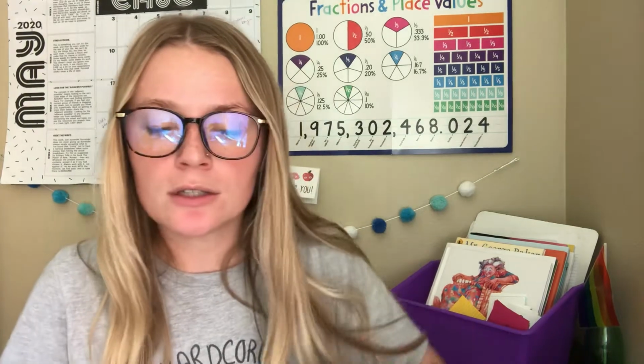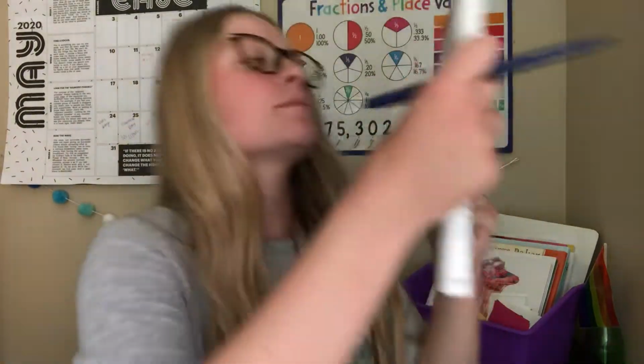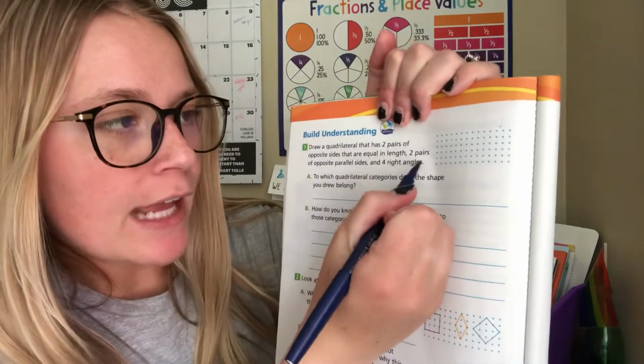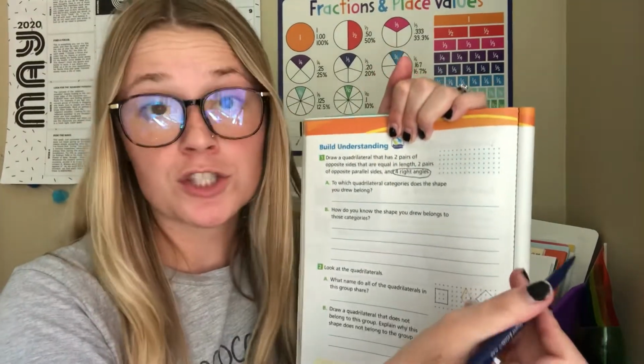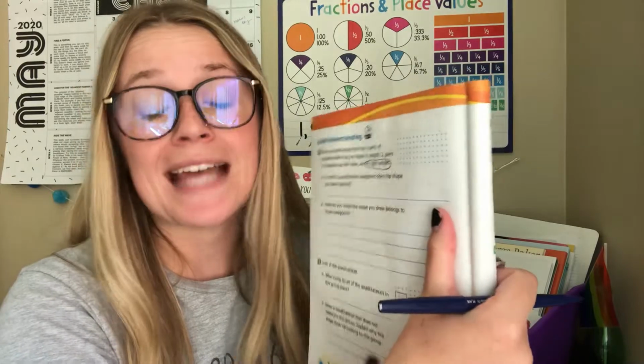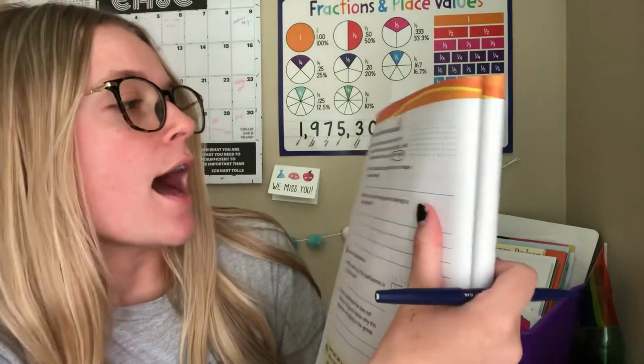Okay, next page. The Build Understanding says, draw a quadrilateral that has 2 pairs of opposite sides that are equal in length, 2 pairs of opposite parallel sides, and 4 right angles. Okay, so specifically 4 right angles, that tells me that it has to be a rectangle or a square because those are 2 shapes that have to have right angles.